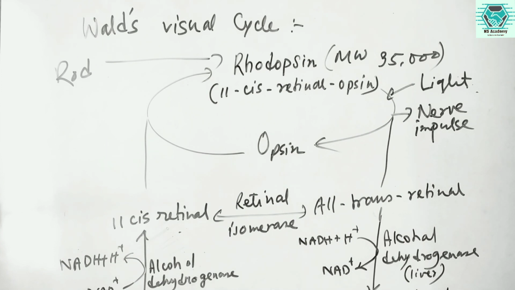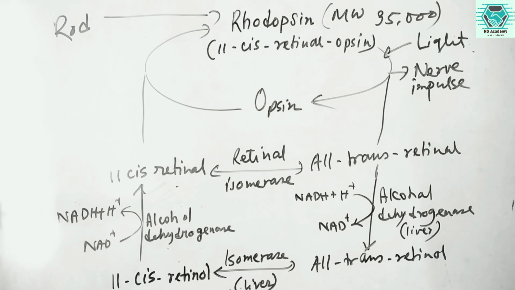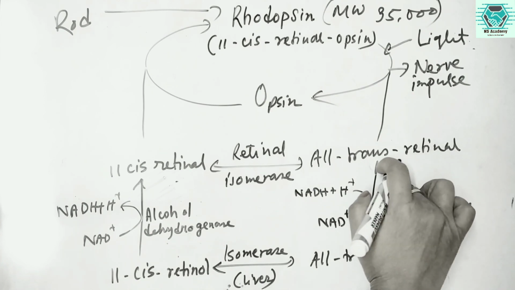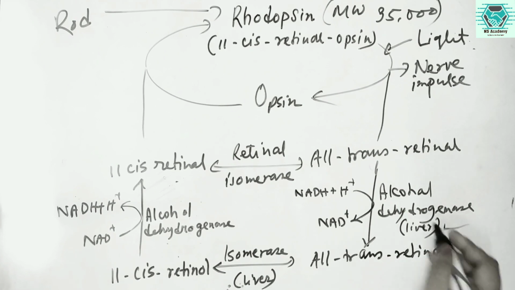However, the conversion of all-trans retinal to 11-cis retinal is incomplete. Therefore, most of the all-trans retinal is transported to the liver. You can see this portion occurs in the liver, where it is converted to all-trans retinol. This conversion is done by alcohol dehydrogenase, a liver enzyme.